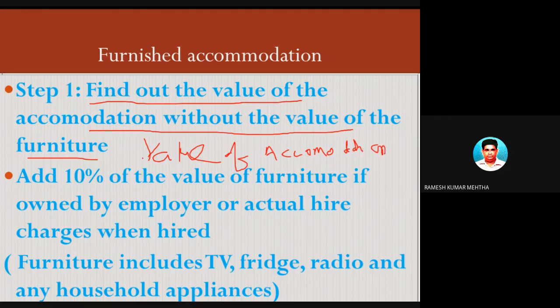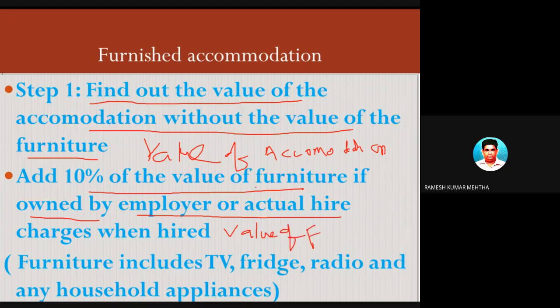Number two, add to this 10% of the value of the furniture, if the furniture is provided by the employer to the employee and the furniture is owned by the employer or actually hired from a third party. Add only 10% because every year we will consider 10% depreciation.